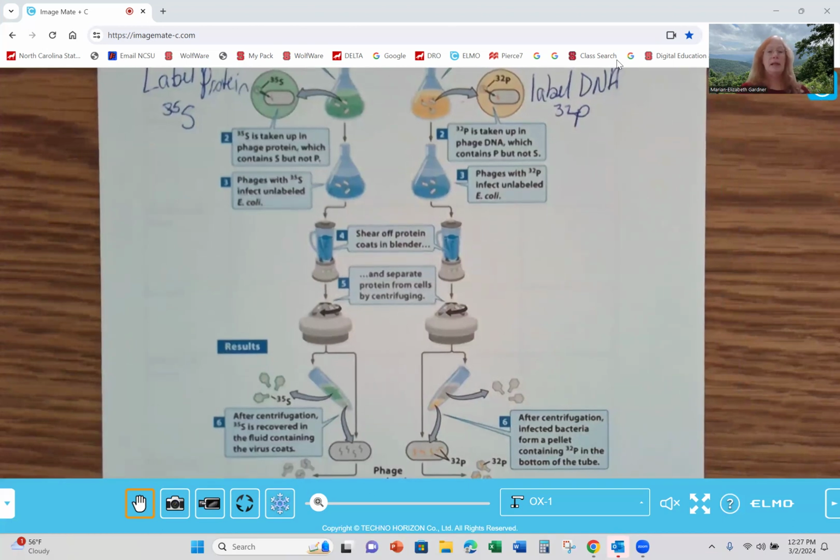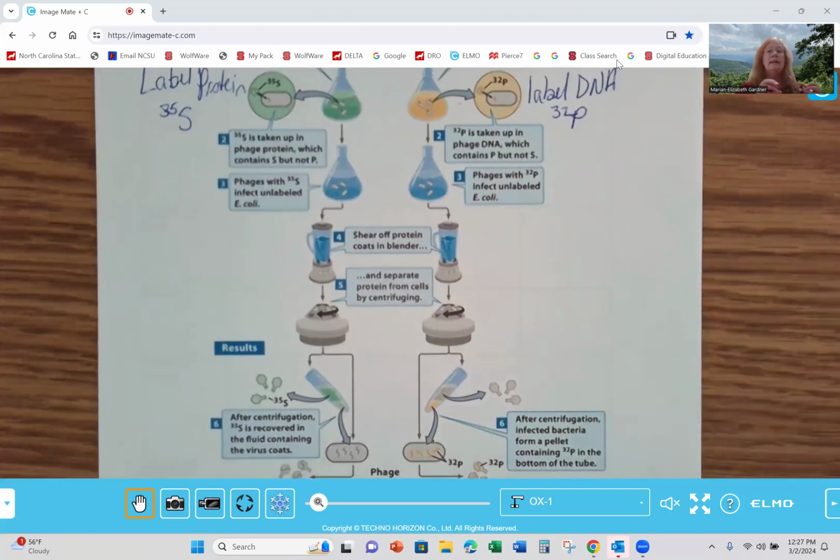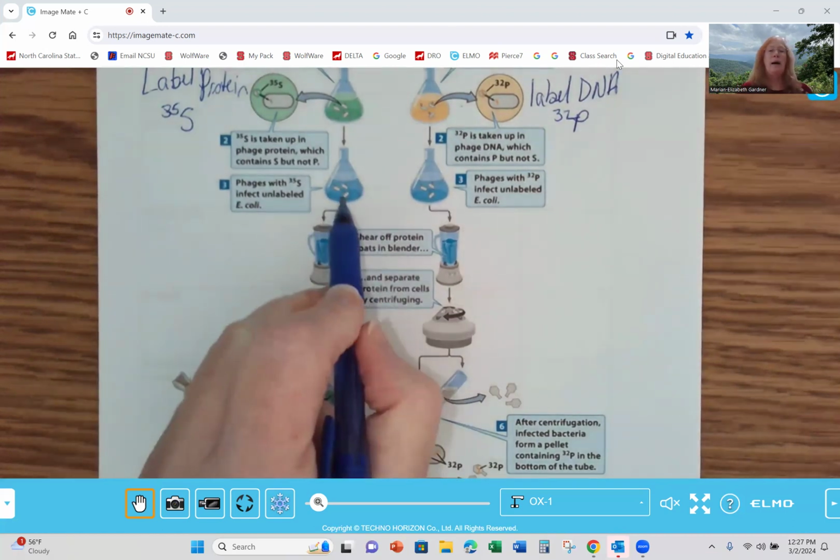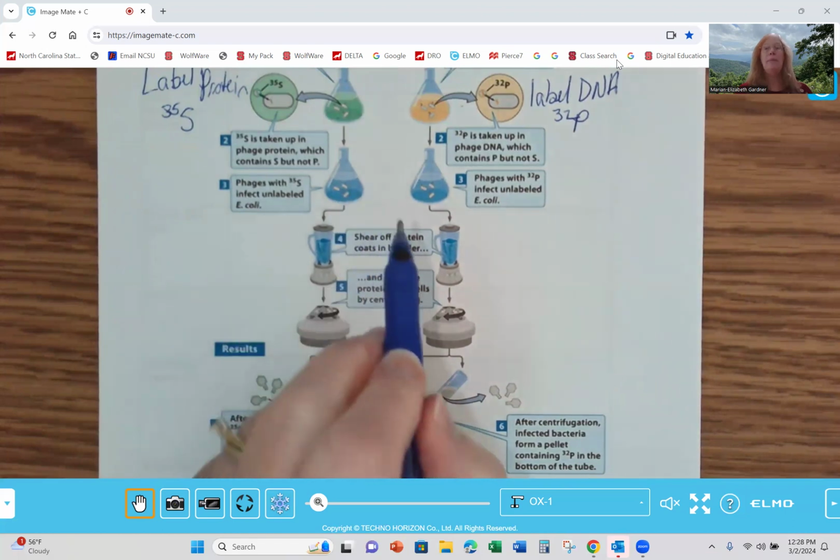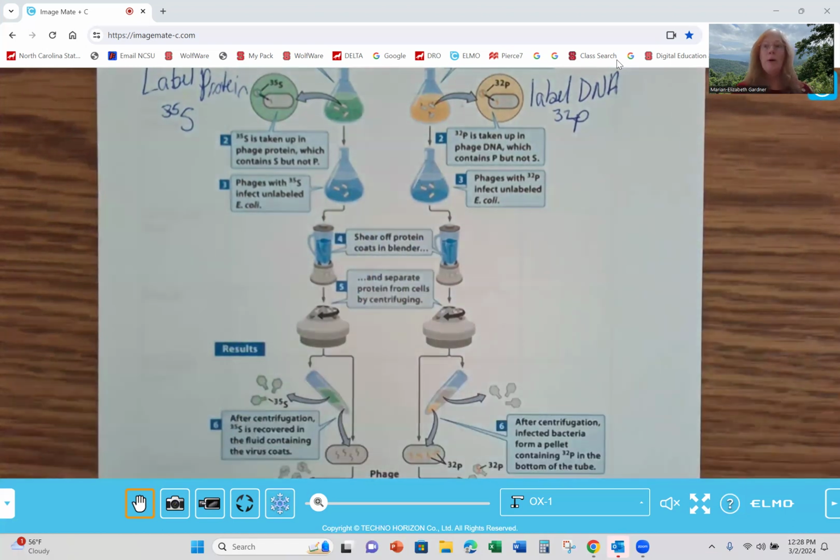Then, after they had some labeled bacteriophages, and again, this is two separate flasks, they allowed them to infect unlabeled E. coli. So there's no more radioactive label present.